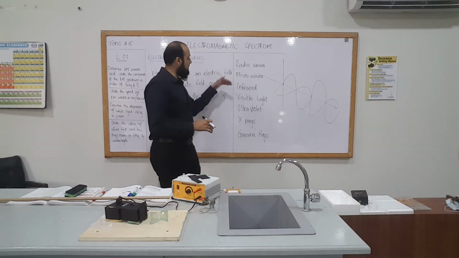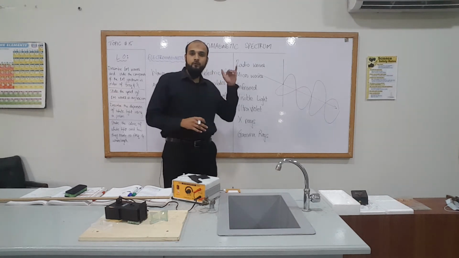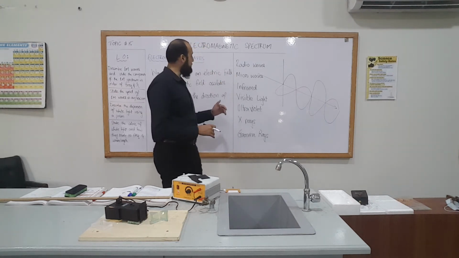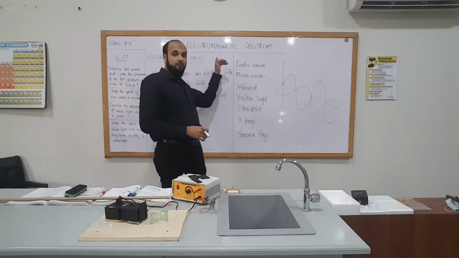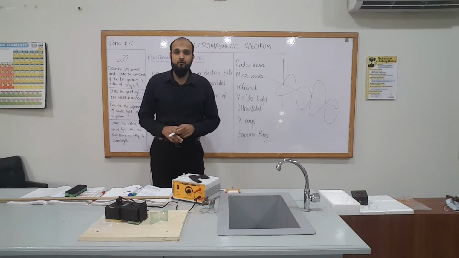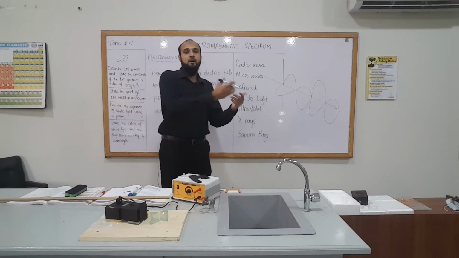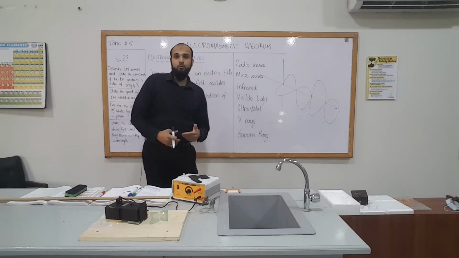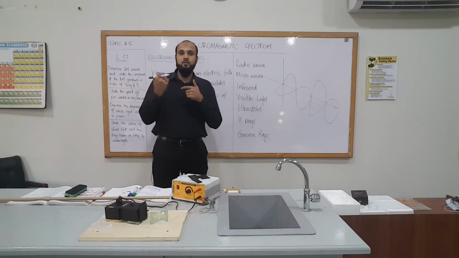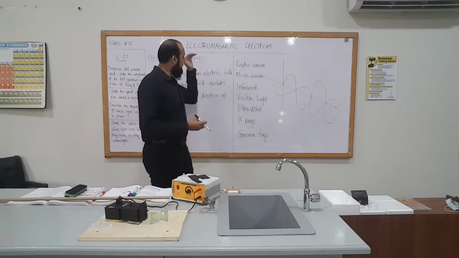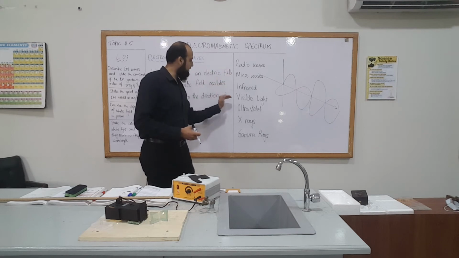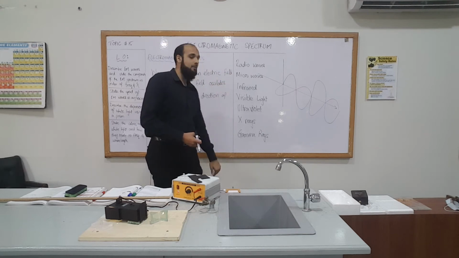So you can remember the relative order of all of those different components that make up the electromagnetic spectrum using the first letters of all of those waves. So you can create an acronym out of them. I usually remember them as R, M, I, V, X, G. R standing for radio waves, followed by microwaves, infrared, visible light, ultraviolet, X-rays and gamma rays.